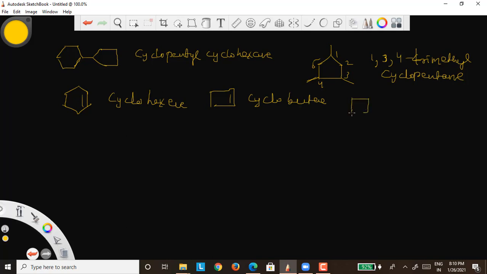Now suppose you have it like this with OH, cyclobutanol. This is called cyclobutanol. So this is a four-membered ring. So cyclobutane, OH is alcohol. So you say cyclobutanol.